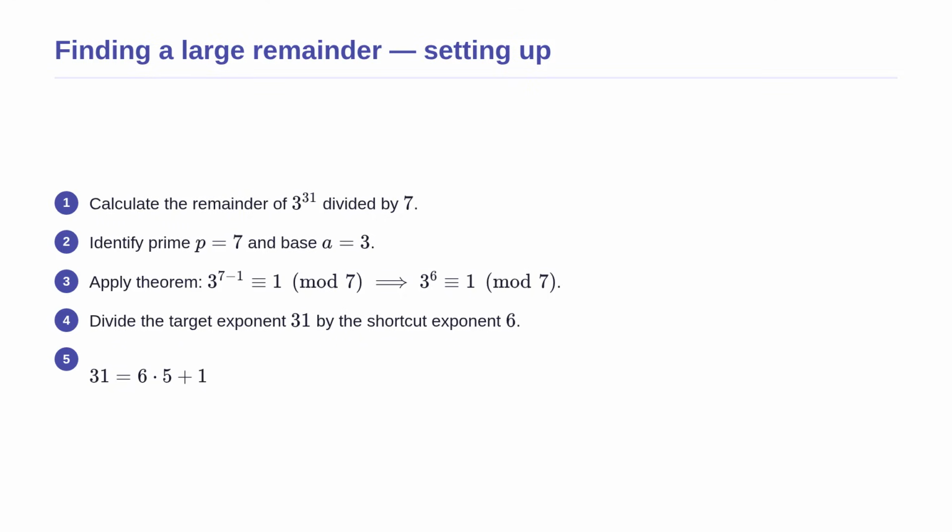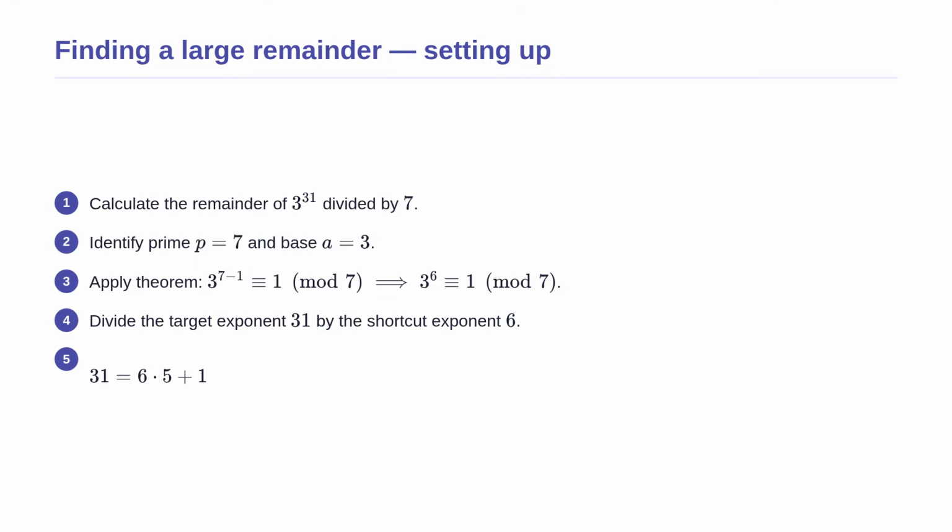Now that we have seen the visual cycle, let us use the formula to solve a real problem. Suppose we need to find the remainder when 3 to the power of 31 is divided by 7. Calculating 3 to the power of 31 directly is a nightmare. It would overload a standard calculator. Instead, we identify our prime p as 7 and our base a as 3.